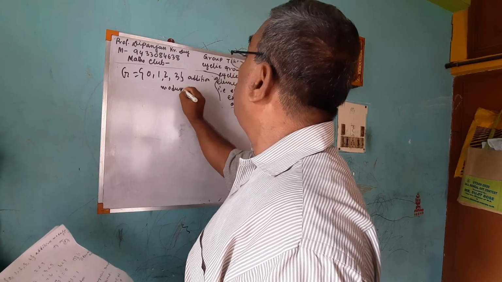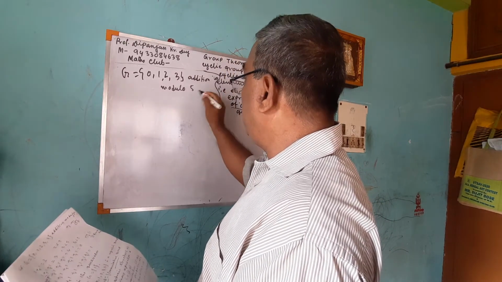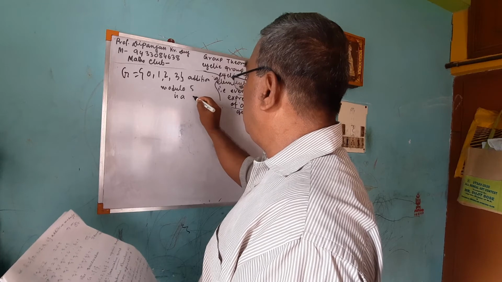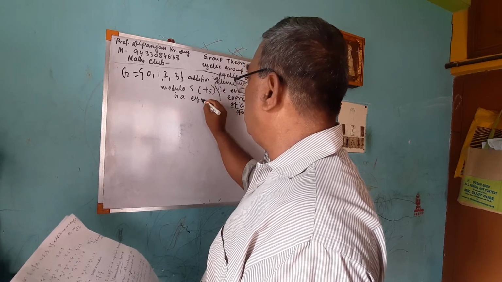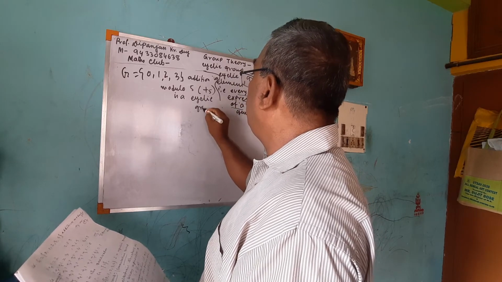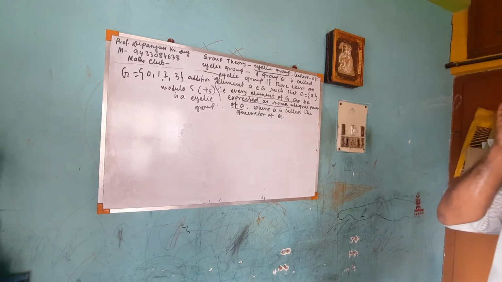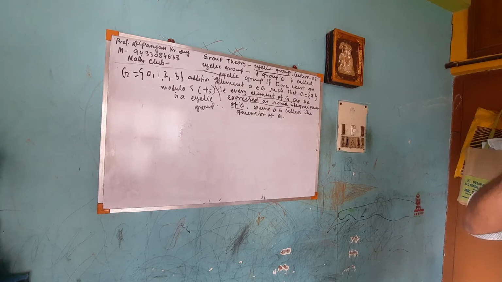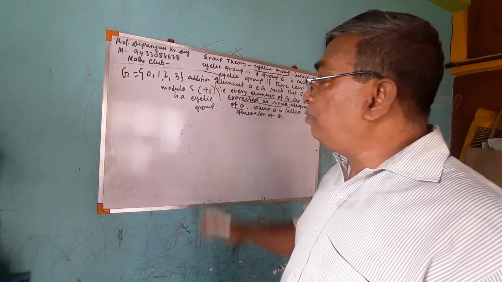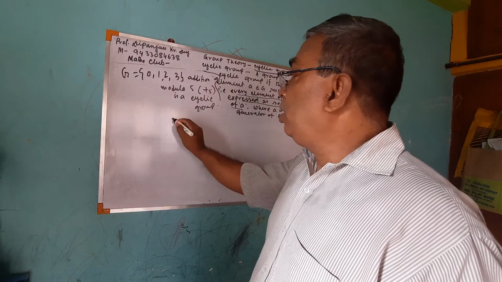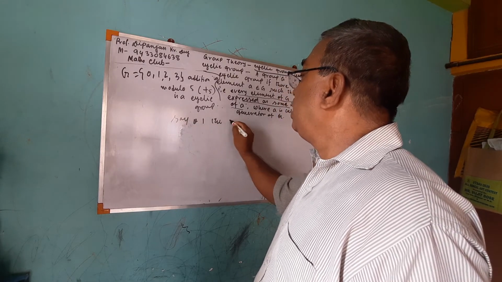Addition modulo 5 means plus. This is a cyclic group. Suppose I am saying 1 is the generator element.